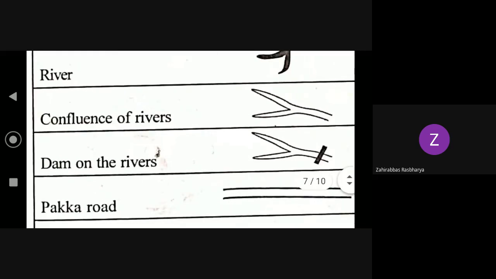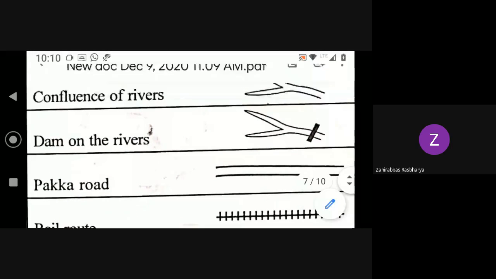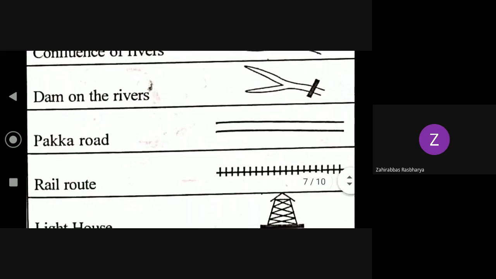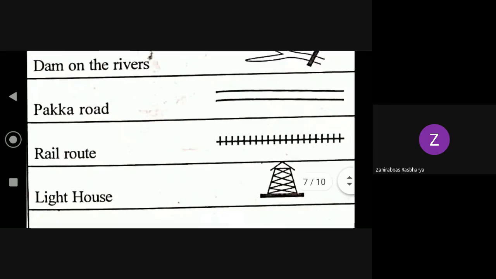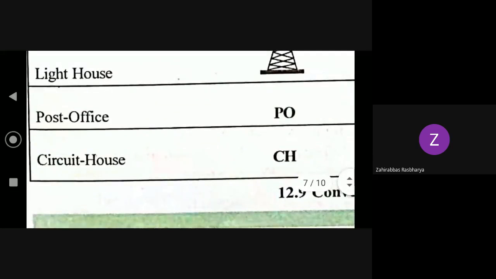Dams on the river. This black part, can you see, dark black? That is dams on the river. Pakka road means a good road, cement concrete road, railroad, lighthouse. TO indicates post office, and CH indicates circuit house.